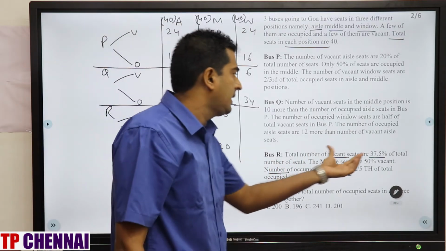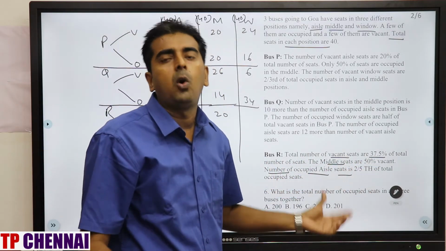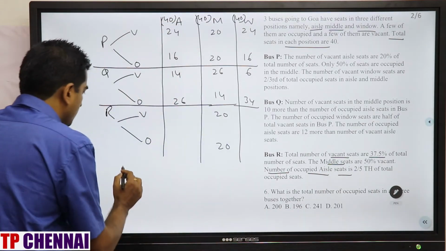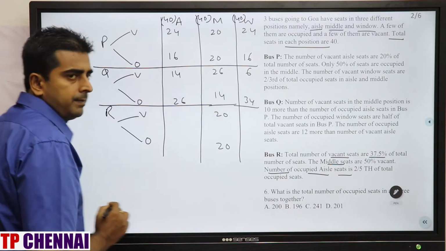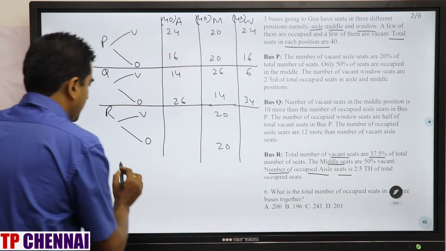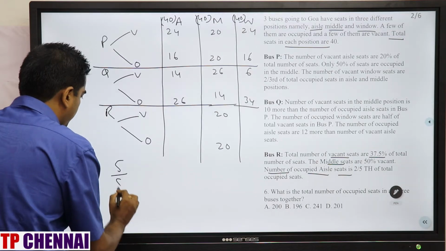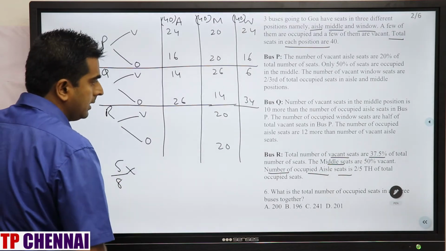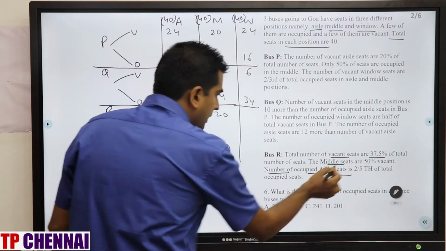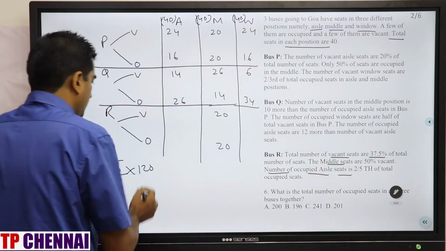If vacant is 37.5%, occupied will be 62.5%. What is the fraction value of 62.5%? 5 by 8 of the total, which is how much? 120, because the total is 40, 40, 40.